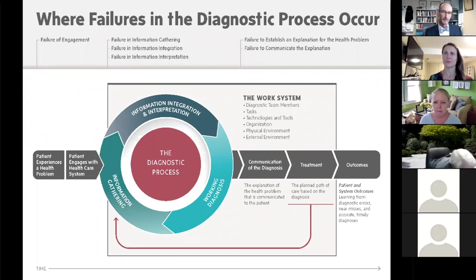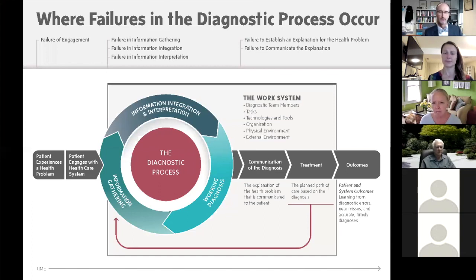Perhaps that goes around a few more times as more information is gathered, and eventually a diagnosis is made. It's communicated to the patient, as we go over to the right. There's some treatment, and then hopefully some beneficial outcomes for the patient. And if you look up at the top, there are some places where there are failures in the diagnostic process.